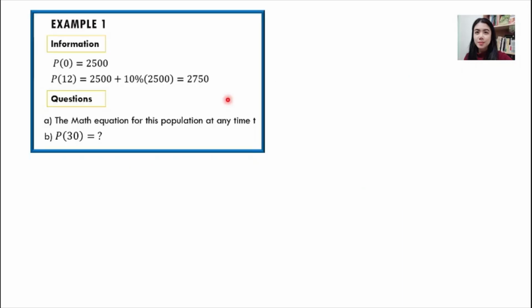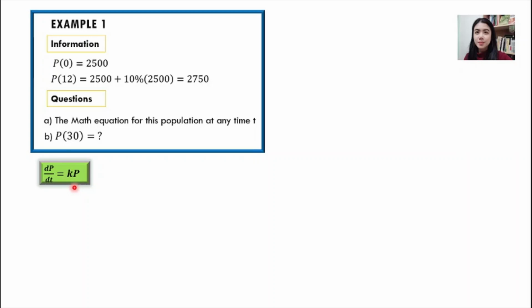Now we have gathered the information from example 1. Let's begin to solve this example by using the differential equation formula, that is dP/dt equals kP. Now let's solve it by using the technique that we have learned in the topic of separable equations. We're going to separate this into two different parts.